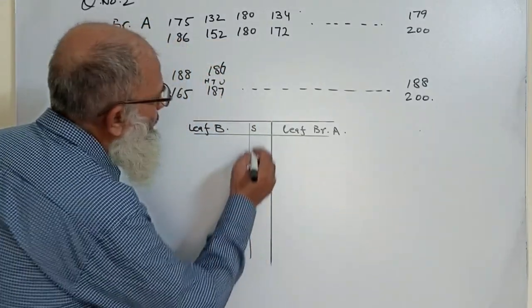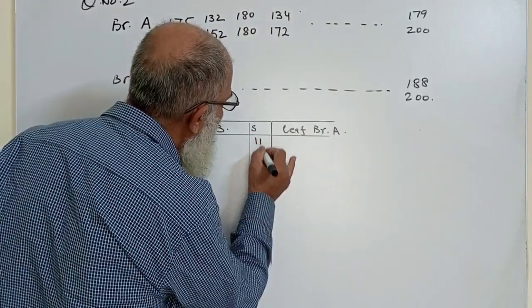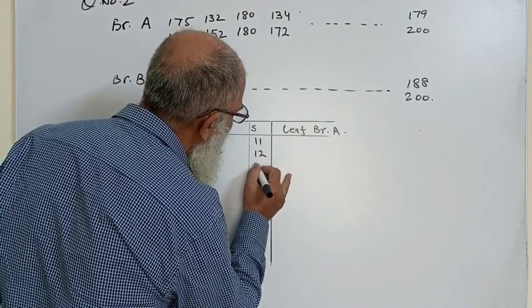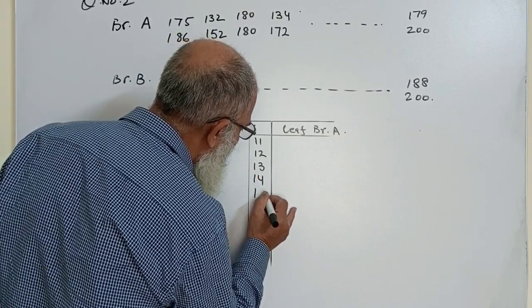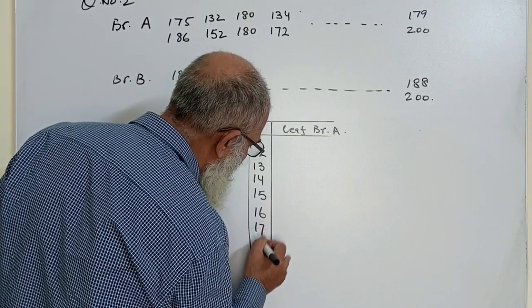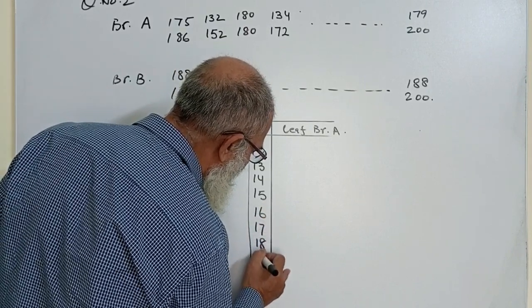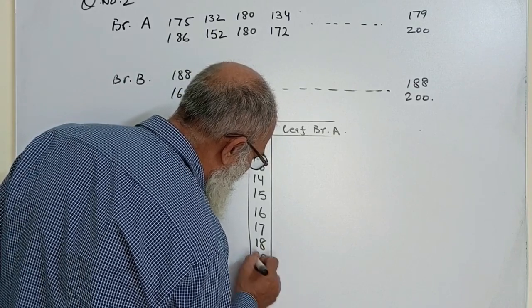Now what will we do? We'll write the stems 11, 12, 13, 14, 15, 16, 17, 18, 19 and 20.